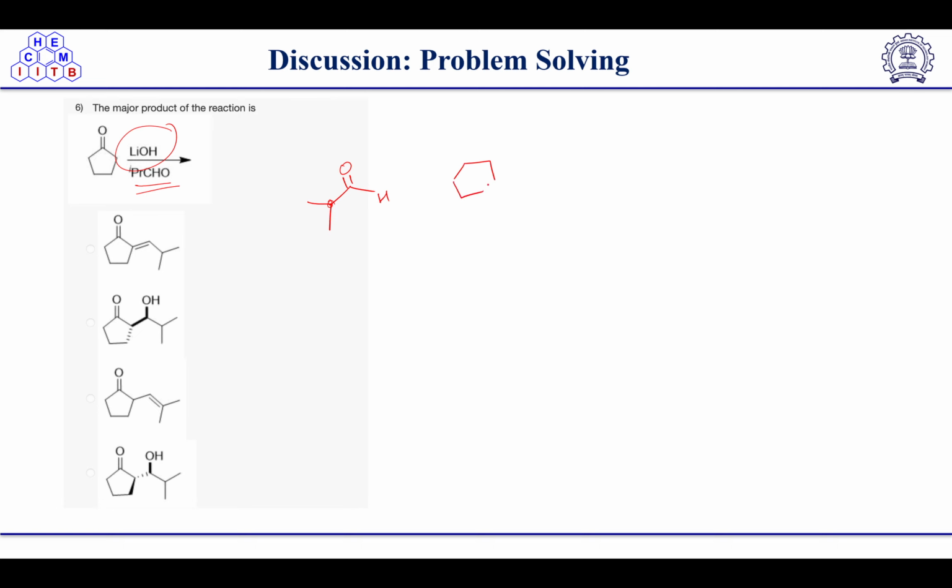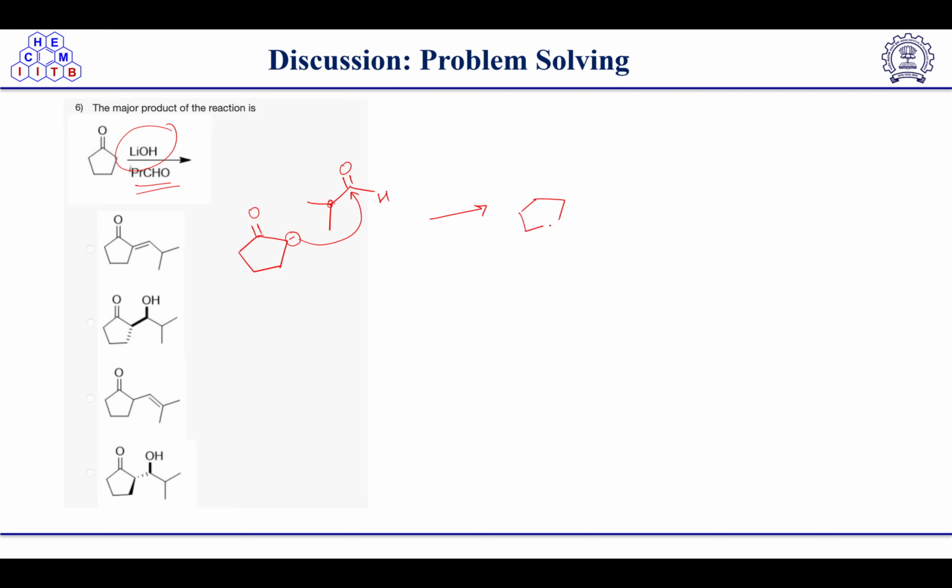And talking about the cyclopentanone, this site is more available to abstract the proton compared to the isopropyl aldehyde. So it will abstract the proton from cyclopentanone and negative charge will come over here, and it will attack on a carbonyl center of isopropylaldehyde.